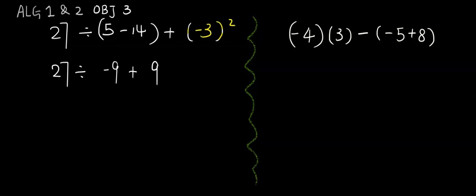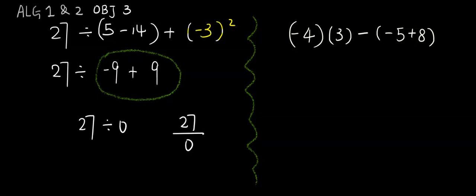Okay, so positive 9. Now, do not attempt to do this part first. Don't say, oh, I know negative 9 and positive 9, I'm going to have a 0. Then you're going to have 27 divided by 0. Remember, 27 divided by 0, when the denominator is 0, you're going to have undefined. Looks right, but actually it is wrong.